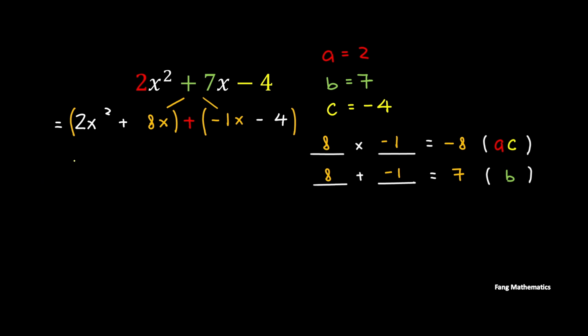The first parenthesis, I believe you can factorize 2x, leaving you x plus 4 inside the parenthesis. The plus sign remains as plus sign. The next, I believe you can factorize a -1 that turns this x to a positive number, and you remain with x plus 4.